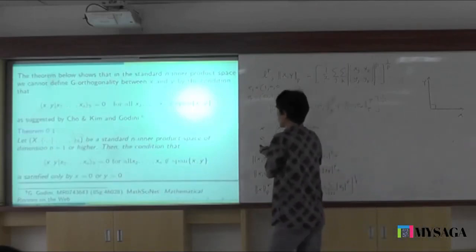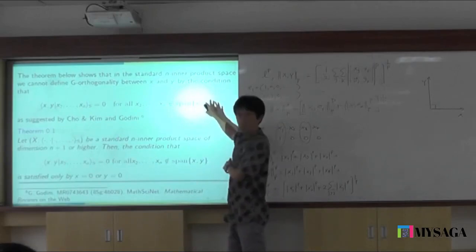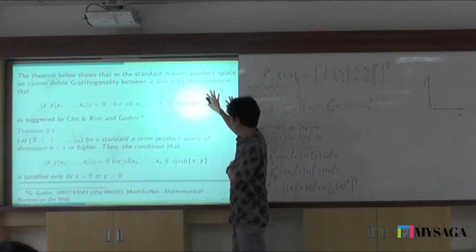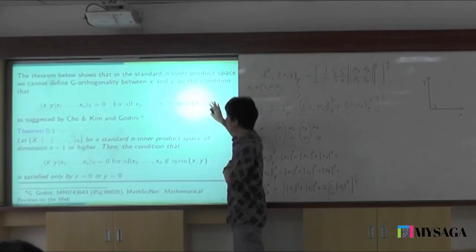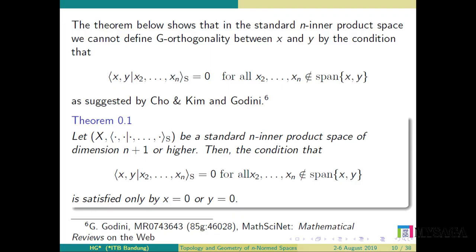So this is what Choi and Kim's definition of G-orthogonality. So they define that x and y are orthogonal if the value of this n-inner product is 0 for all x2 up to xn not in the span of x and y.